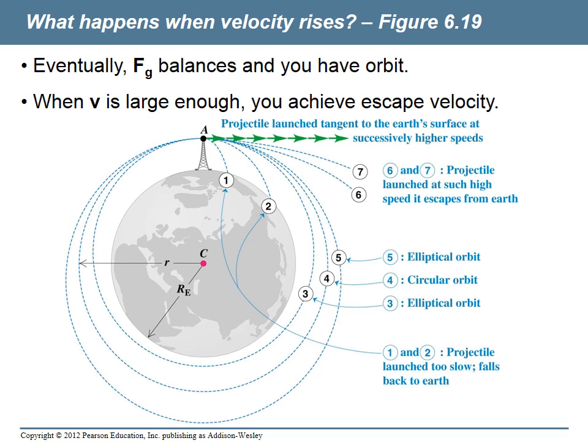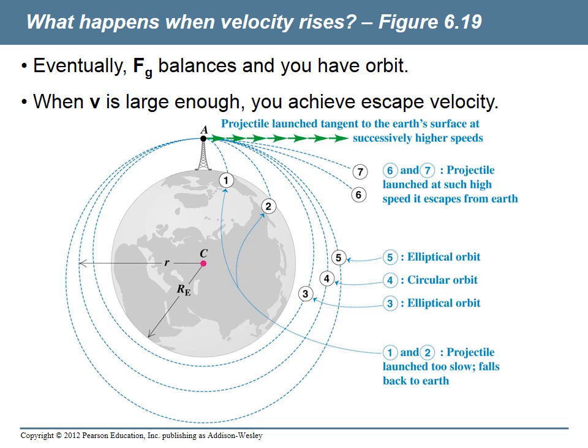If that makes sense. And if we shoot it too fast, then it would get back into an elliptical orbit again. We have some variations getting farther away here, closer there. And then if we launch it too fast, then the Earth can't accelerate it back, and then we call these the escape velocities, right?